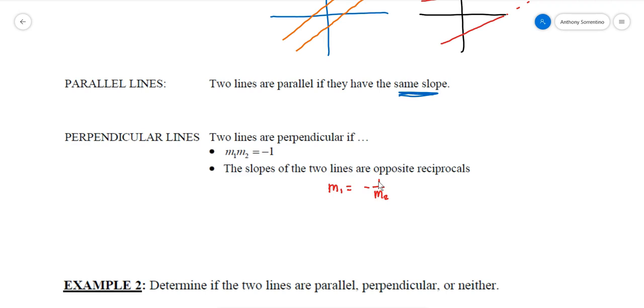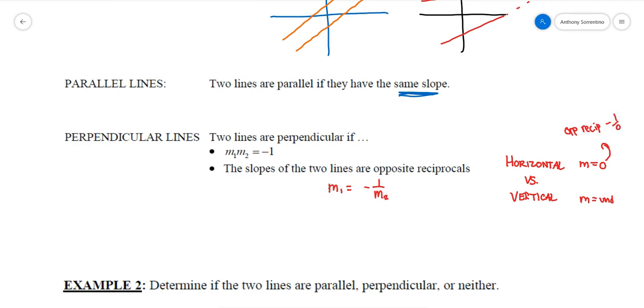The only exception we don't use for this is horizontal versus vertical, and that's because this one has a slope of 0. This one has a slope that's undefined, because if you do an opposite reciprocal of this, that'd be -1 over 0, which of course is undefined.